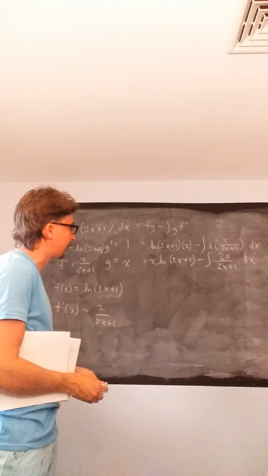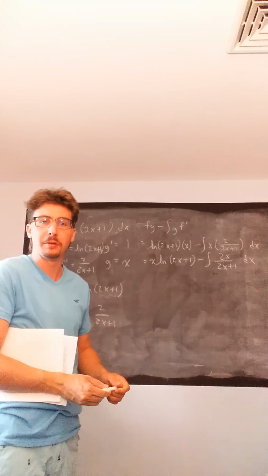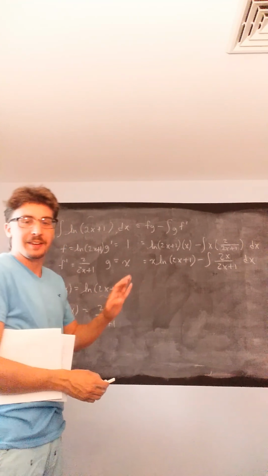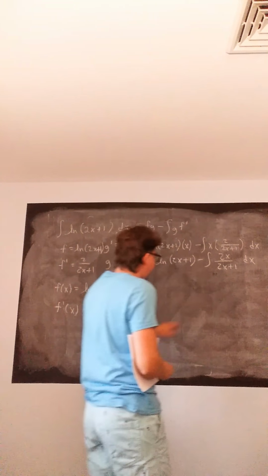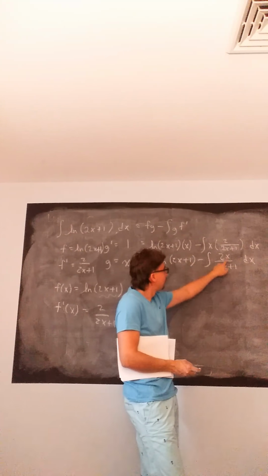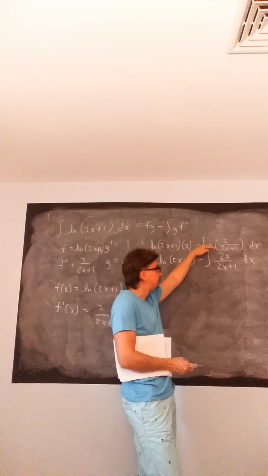You look at it, 2x over 2x plus 1, you want its integral. It seems kind of tame, right? But quick inspection would show you that substitution is certainly going to fail because you'll never knock out the x, no matter which u you pick.